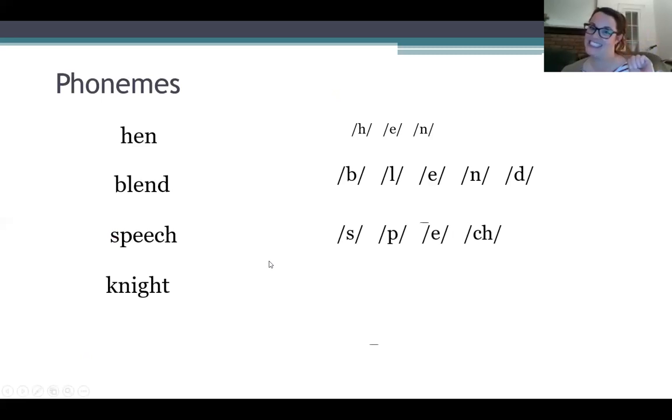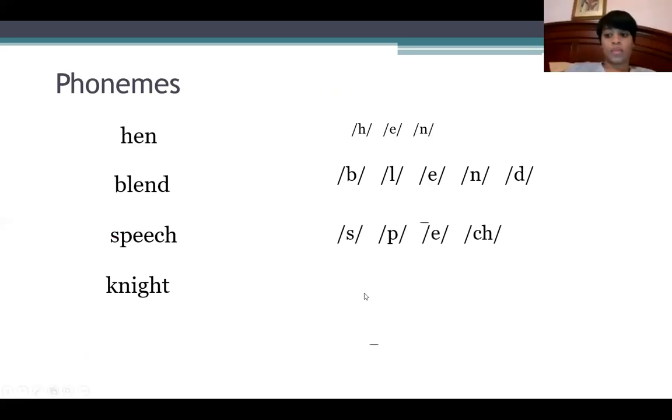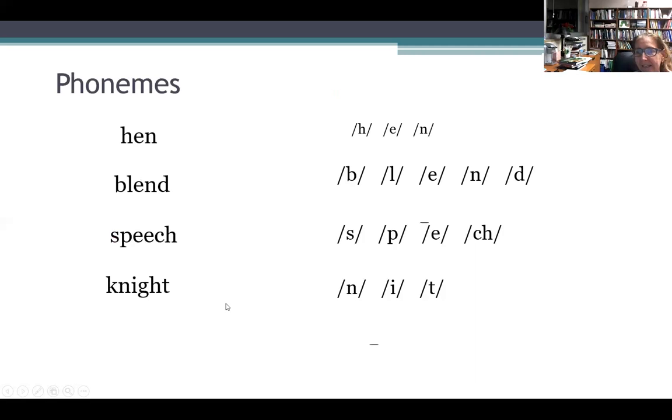S, P, 4. There are 4. The double E gives us the long E sound. CH is one sound. The next word. 3. K is silent. IGH, one sound, and the T sound at the end. Very good. You're all learning phonics.